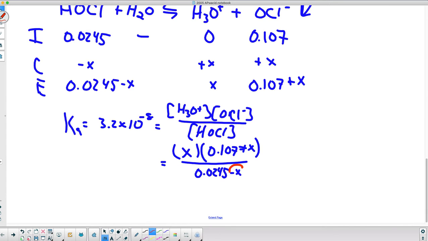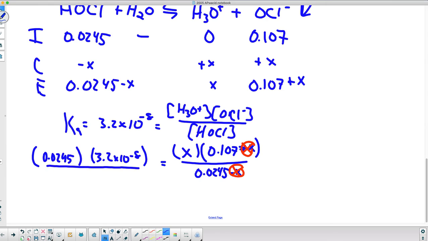So let's get this nice and easy. I get rid of this, I get rid of this, because my 5% rule kicks in. Anytime I have a plus x or a minus x, I just get rid of it for these problems. So that makes this actually a lot easier, because now I'm going to have 3.2 times 10 to the negative 8th multiplied by 0.0245, and I'm going to divide then by the one that's on top here, which is 0.107.